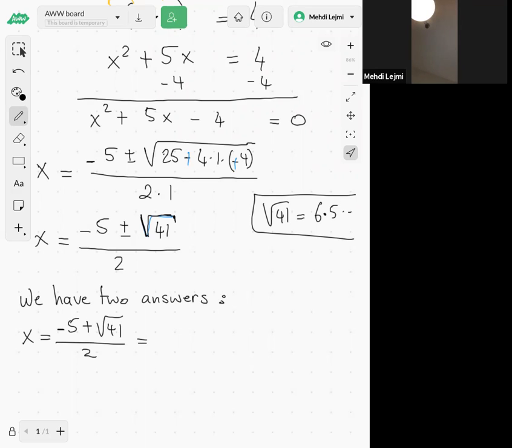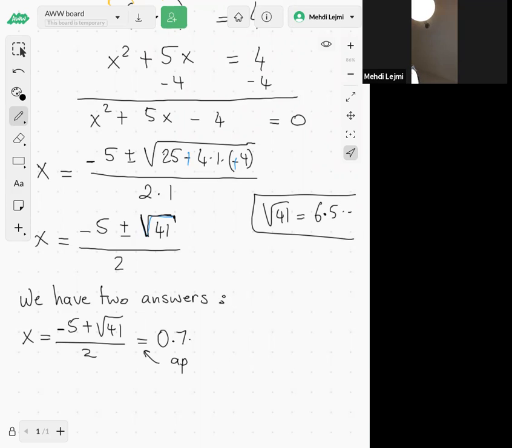You don't have to use a calculator, and in the final, if for some reason you get a square root which is not a perfect square, you don't have to find exactly the value of x. I'm just trying to explain the solutions here.